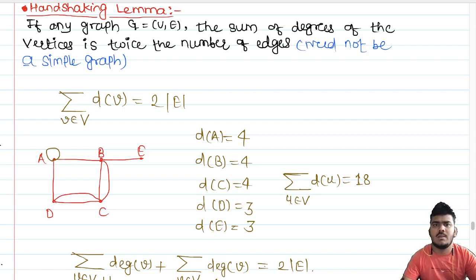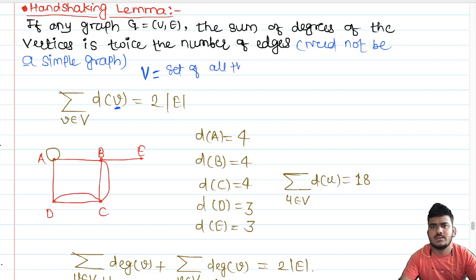So here we have written summation of degrees of vertices, where this is small v. Summation of degrees of vertices is equal to 2 times the number of edges, where this small v belongs to the capital V. Capital V is the set of all the vertices present in that graph.